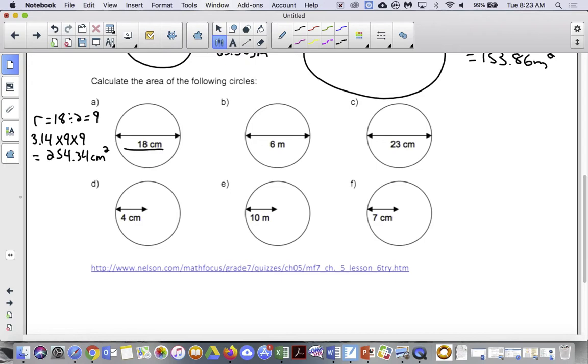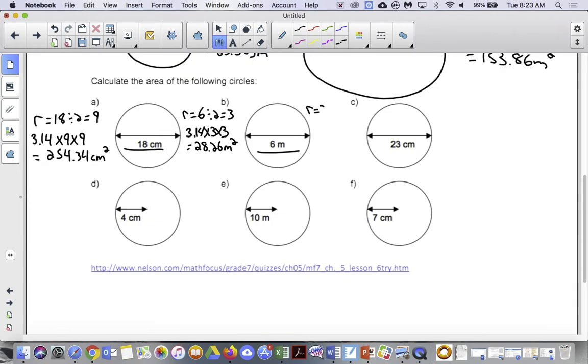Again, the next one, the 6, is a diameter. So if I want the radius, it's the diameter divided by 2, and I get 3. So the area is 3.14 times 3 times 3. I put that on my calculator, and I get a value of 28.26 meters squared.